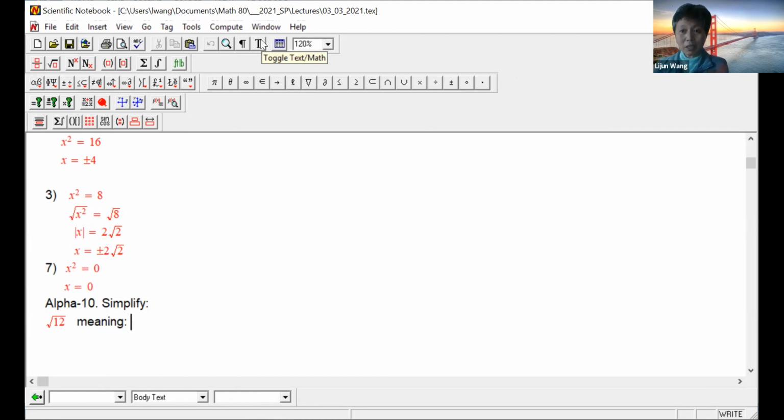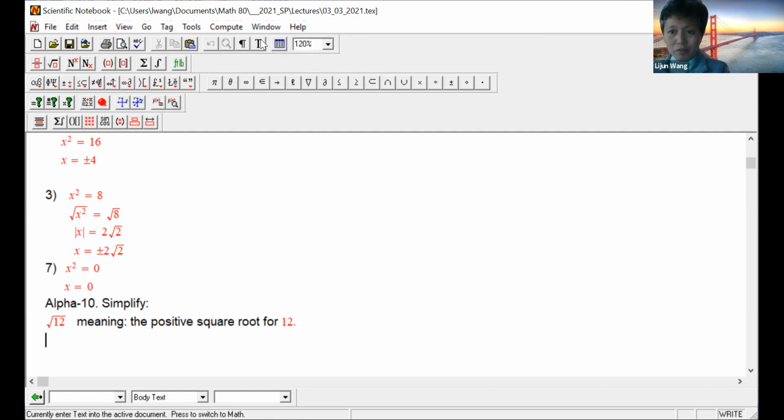We talk about the meaning of the symbol, right? It's the positive square root of 12, not the square root of 12 in pairs. You follow me? Because we talk about that, right? Root of 9 is 3, not positive 3 or negative 3, because we know the roots will show up in pairs, one positive, the other negative.